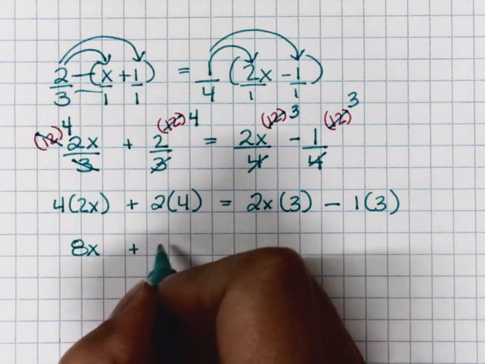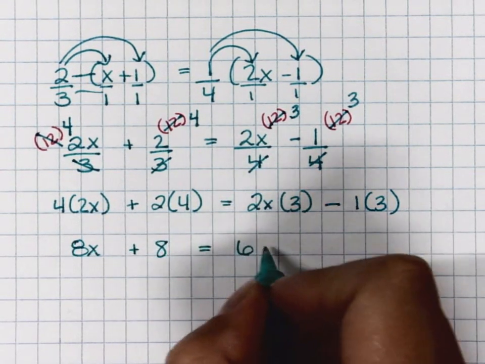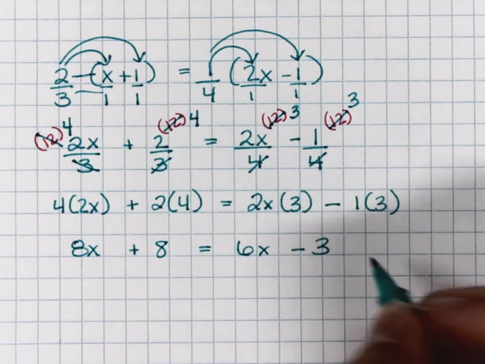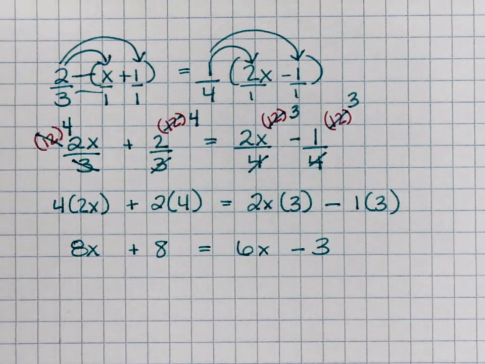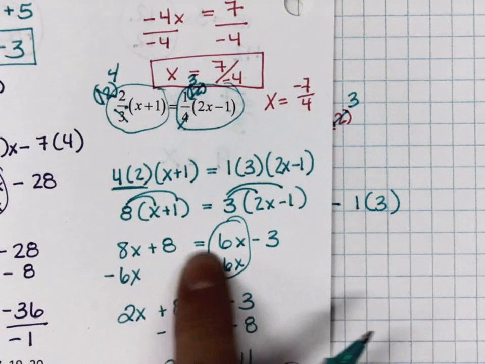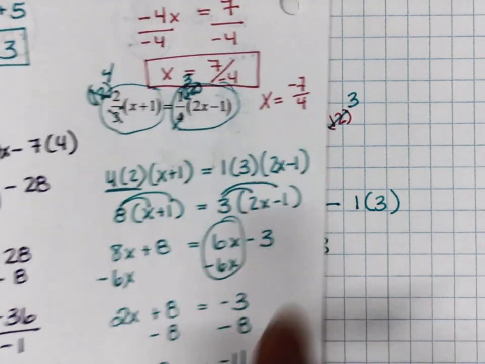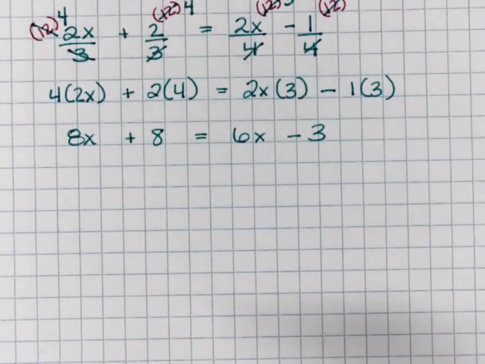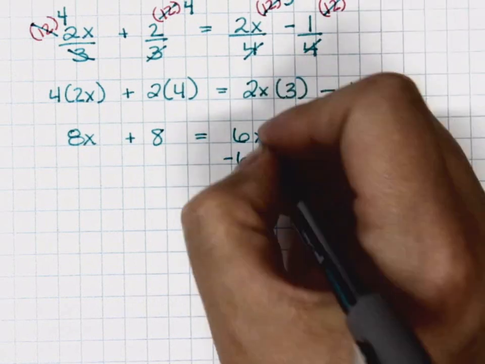All right, so let's do some math. 8x plus 8 equals 6x minus 3. I think I've seen that somewhere before. Look at that. That's the exact same line as right here. So we do end up getting the same answer. So minus 6x from both sides.